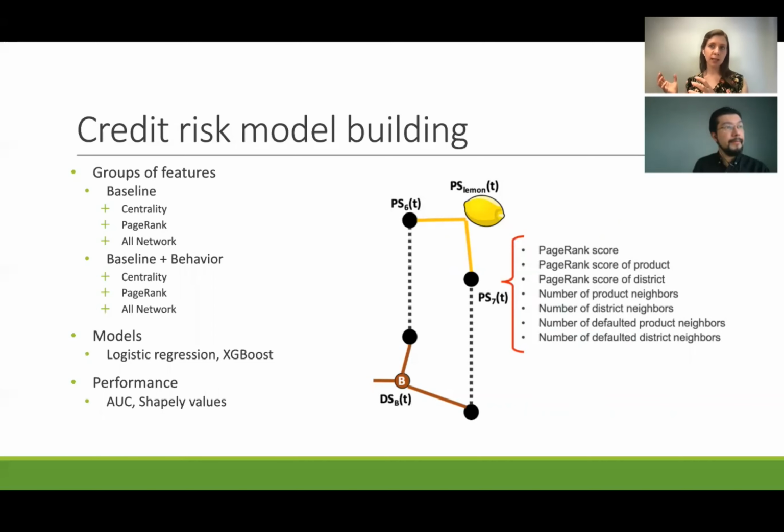And then we had the baseline variables together with behavior variables and the network features. And we tried different combinations of these using two different supervised learning models, which were logistic regression and XGBoost. And we measured their performance using AUC, and to interpret the results, we used the Shapley values. And now back over to Christian.